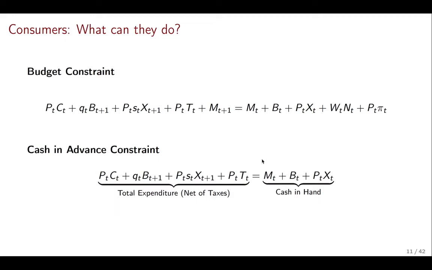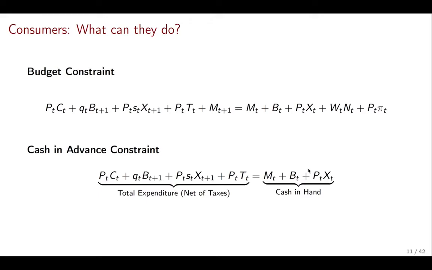Now, there are three things that constitute cash. Literal cash that you just saved from yesterday. This is the cash you saved from yesterday. The bonds that you bought and are paying today. Now, bonds pay at the end of the period, but we're assuming that bonds are liquid because you know that this bond is going to pay you BT dollars at the end of the period. You can just sell it to somebody else for BT dollars.